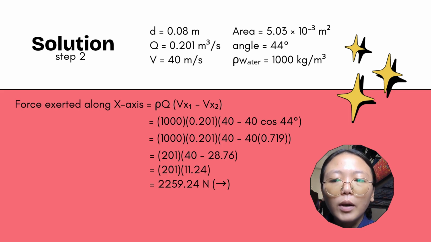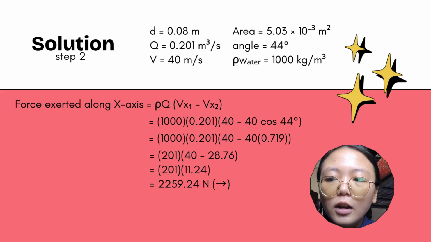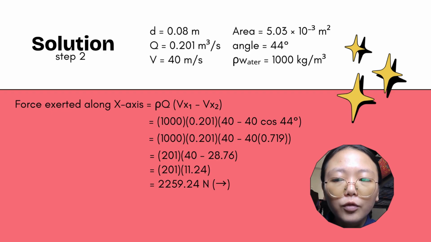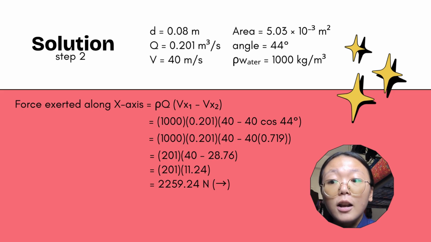So we need to multiply rho q and the difference of Vx1 and Vx2, which is 1000 multiplied by 0.201 multiplied by 11.24, and we get the answer for Fx is 2259.24 Newton.